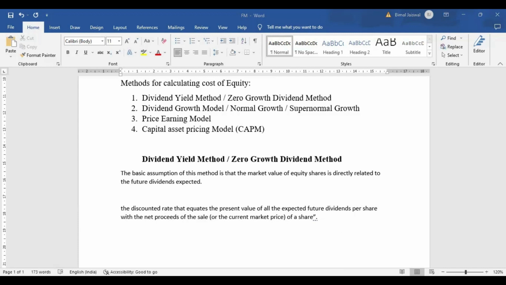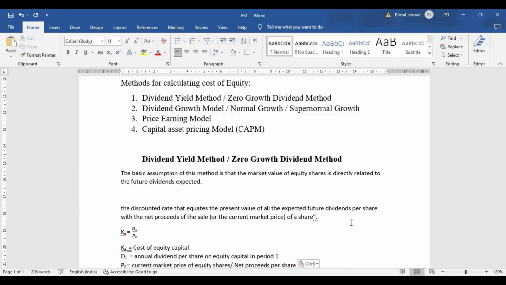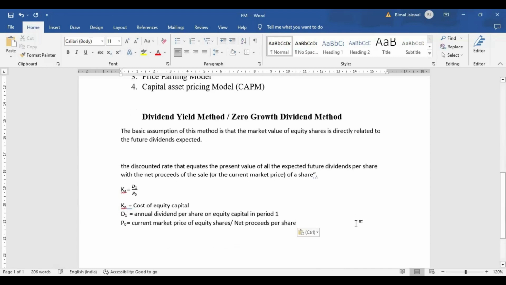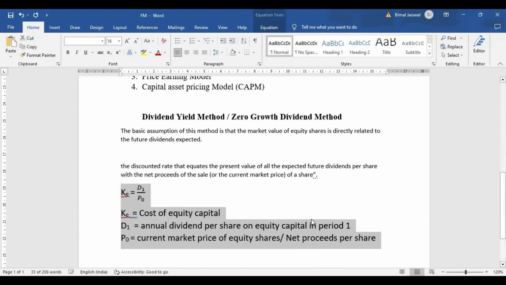We can write the equation in this form: dividend divided by net proceeds. This can be the equation for calculating the cost of equity with respect to the dividend yield method, or the zero growth dividend model.